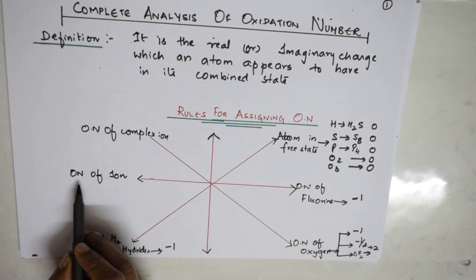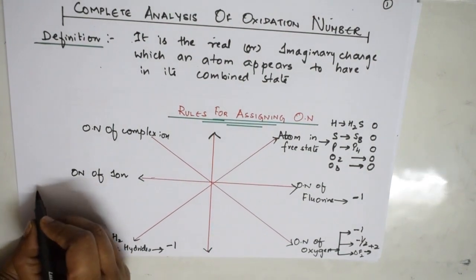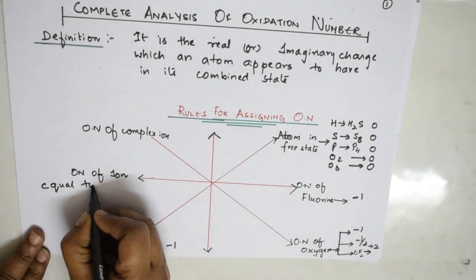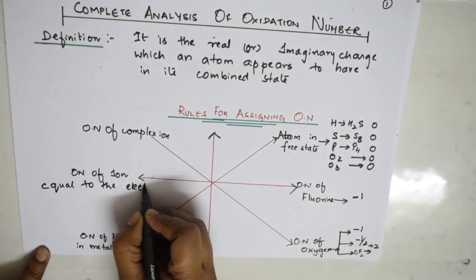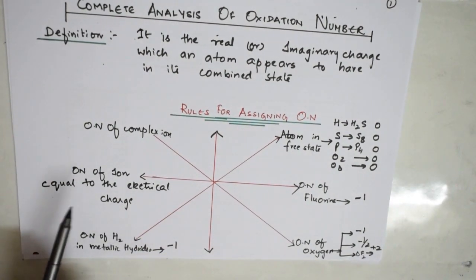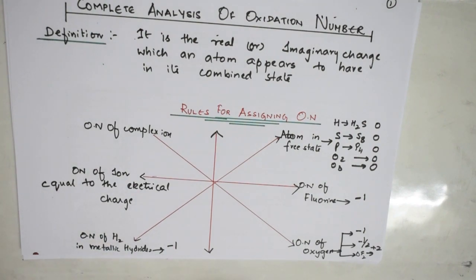Now if I have to speak about the oxidation number of an ion, always remember, for an ion, the oxidation number is equal to the electrical charge. Remember this, okay, done. Next, if I have to speak about complex ions: in coordination compounds, which you study as a chapter, we have a combination of 2 different salts together which form a coordinate covalent complex, and a complex ion is formed.